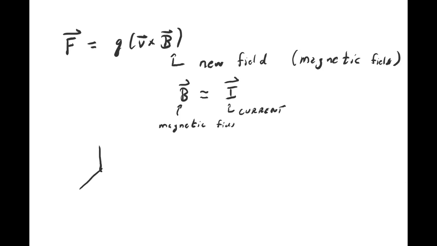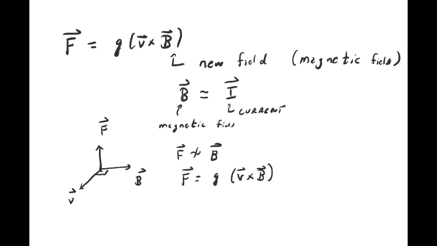This magnetic field has a very special property such that when you act on particles of charge that are moving, you cause them to experience a force that's not linear, but depends upon the direction, the cross product of the velocity of the particle and the magnetic field.